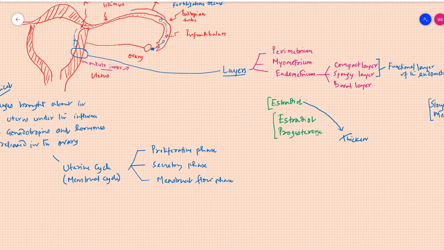After ovulation, the corpus luteum secretes estradiol and progesterone.